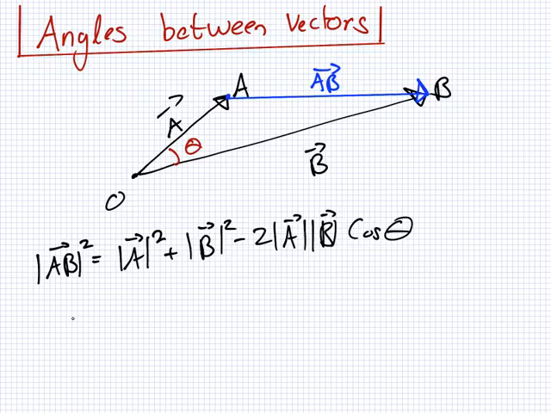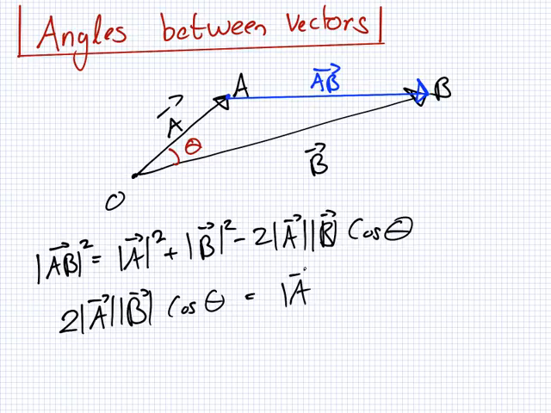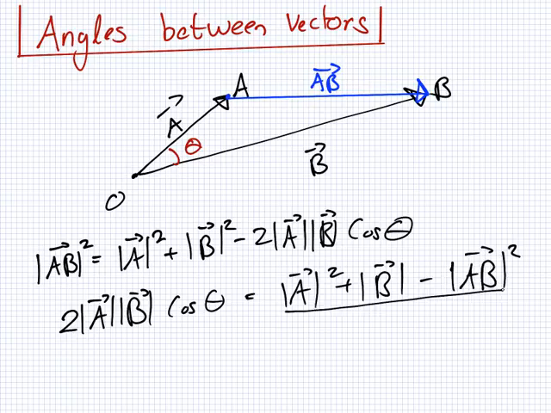So by rearranging this, we can get 2AB cos theta equals A squared plus B squared minus AB squared, all over, then if I take this down, 2AB.